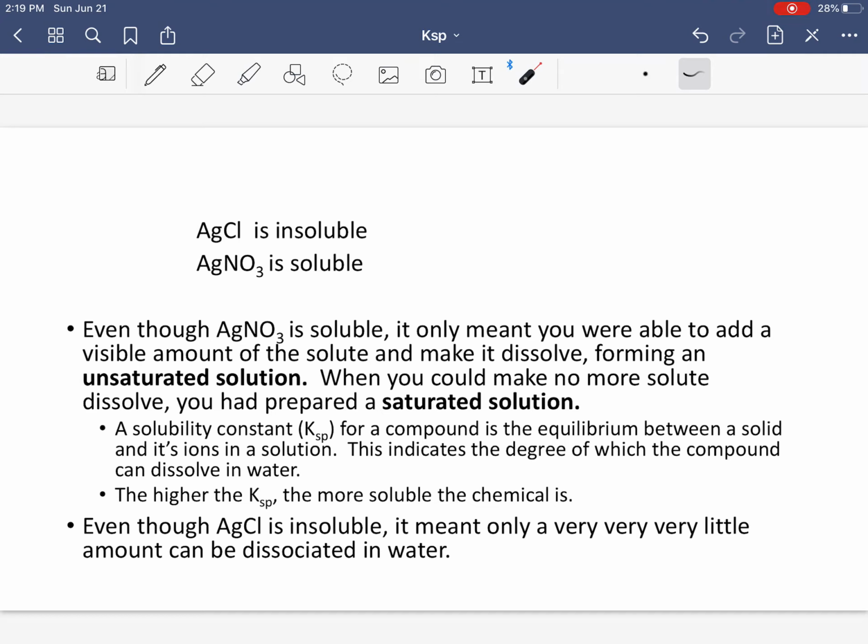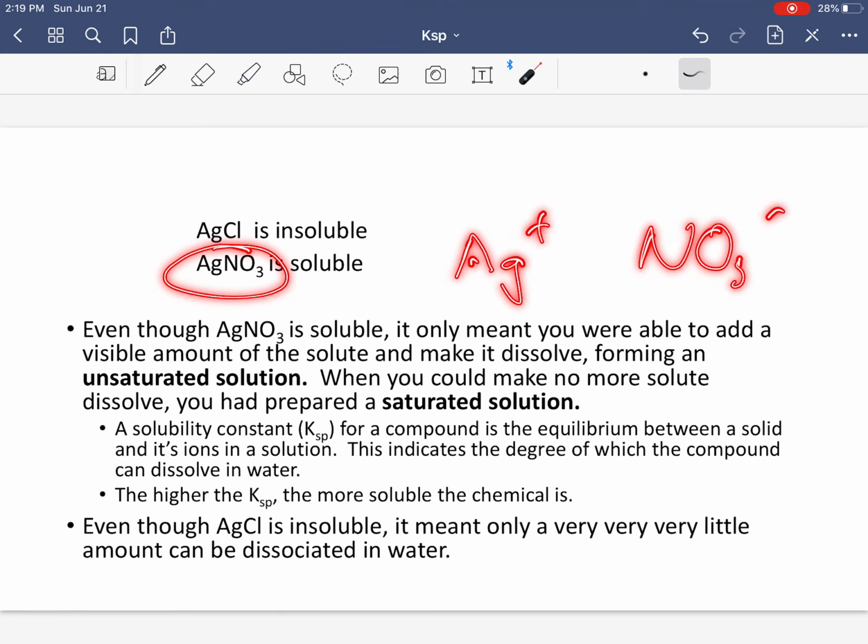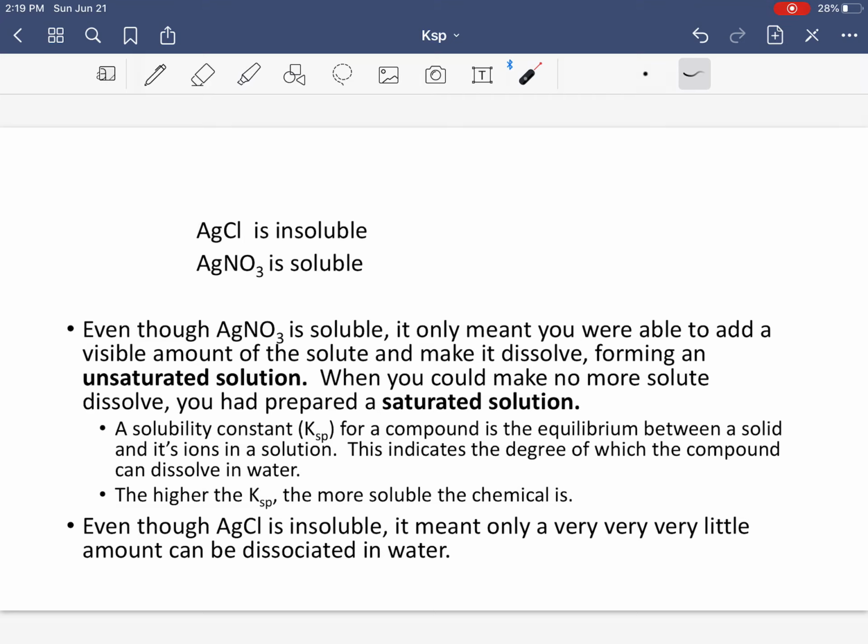This is telling you the equilibrium between the solid, which is the compound here, and its ions in solution. Because what we know is that when you drop AgNO3 in water, you get Ag+ and NO3-. You don't get AgNO3. But Ksp is saying that this and its respective ions are at an equilibrium. Now we'll see what that means later.